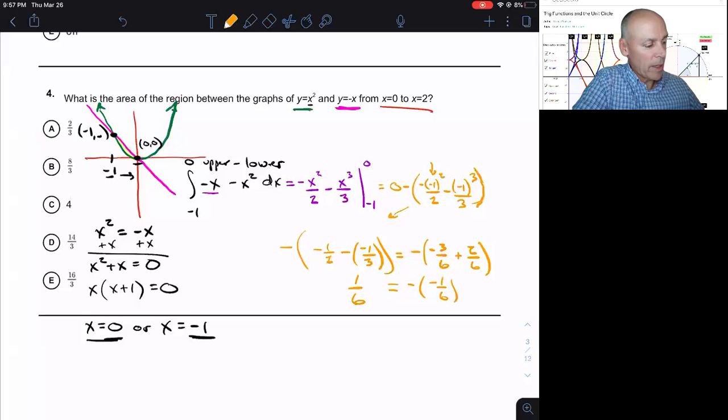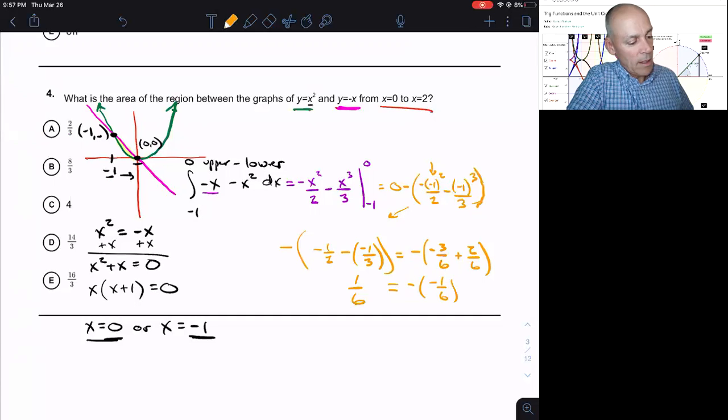So I think our lower and upper bounds look good. Our upper function is the -x minus lower function of x squared. So I think we've got our integral set up correctly. Let's double check to see how we did our antiderivative. So -x squared over 2 minus x to the third over 3. Looks good.